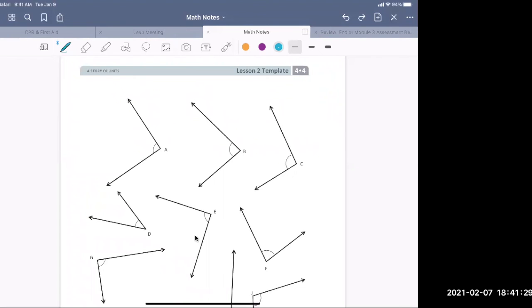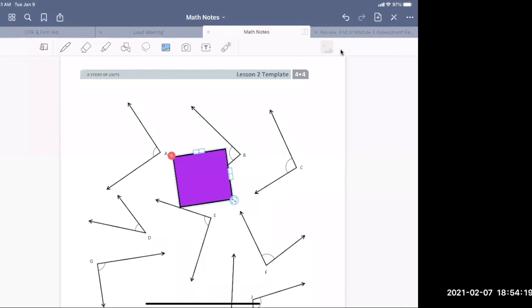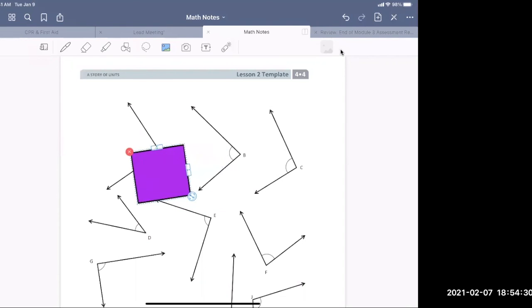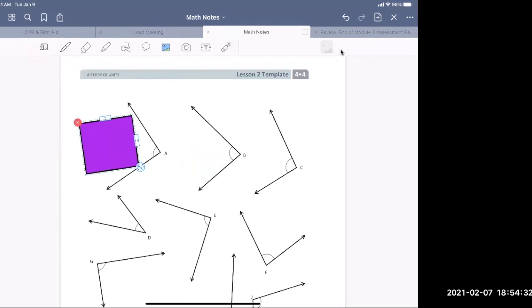So you want to line up your paper, which actually I'm going to show you a square on my screen. I found a way to get a perfect square, as a representation of our paper on my iPad, to show how to test if an angle is a right angle.